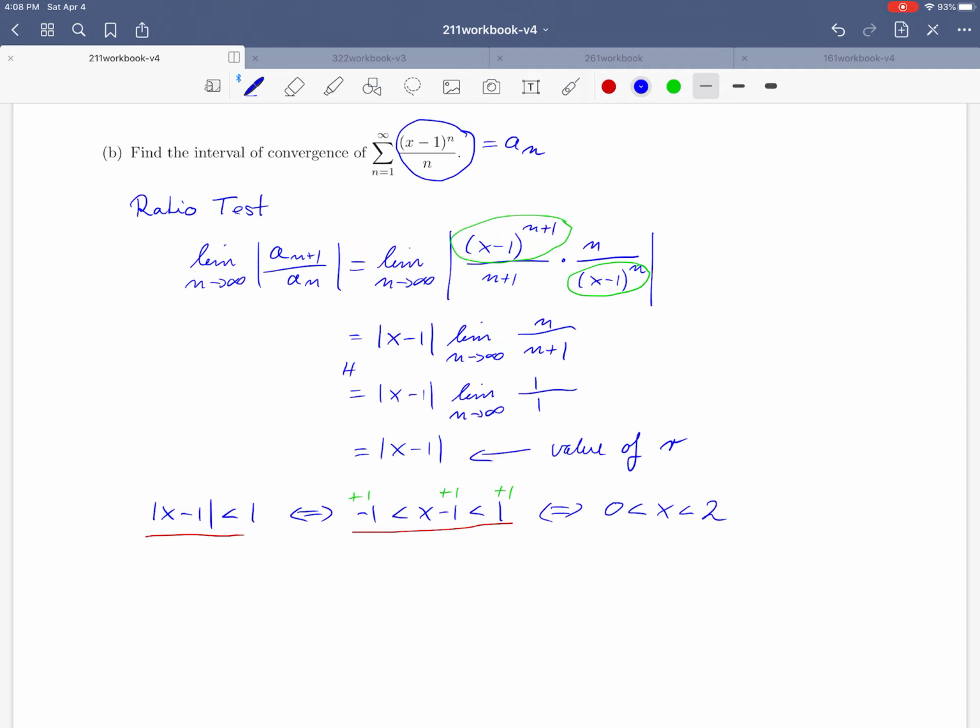Just like we were estimating in part A, we were guessing that our interval of convergence goes from 0 to 2. This seems to confirm it. So we see that the series converges for 0 less than x less than 2 by the ratio test.